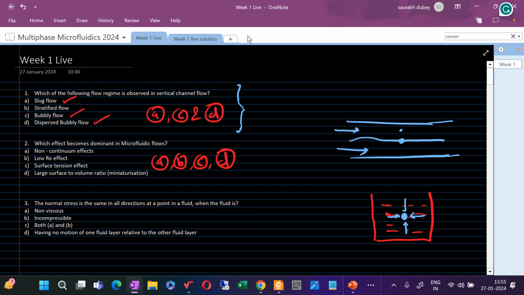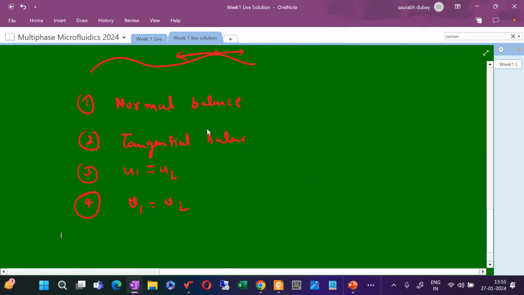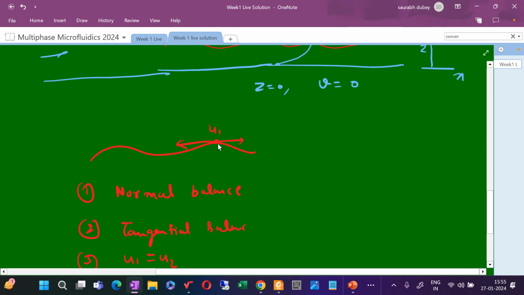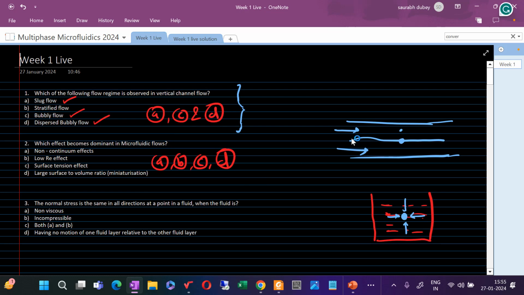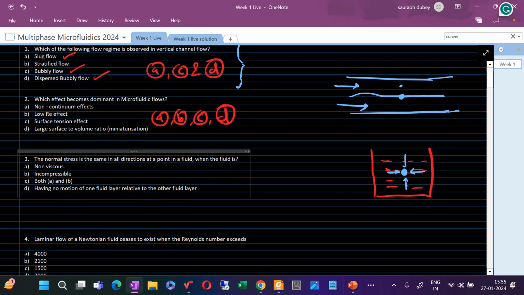If there is motion, these balances will come up at the interface, so at the interface there is a chance that the normal balance will get imbalanced. So in this one, what is the answer? Having no motion of one fluid layer relative to the other layer.